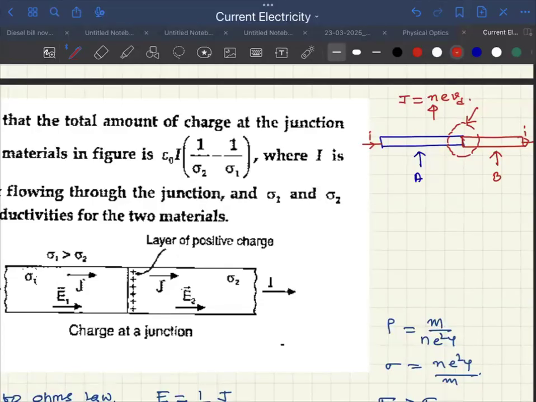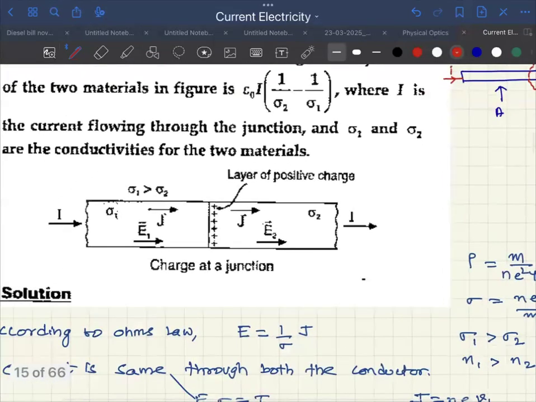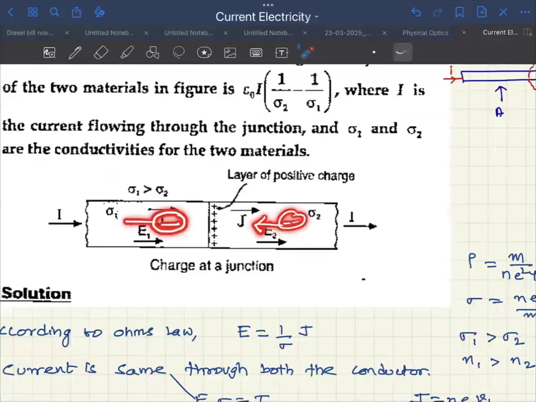Because when an electron crosses the border, for example, say an electron is moving here with 10 centimeter per second, and when it just goes here, suddenly it needs to become 8 centimeter per second, means there should be some accumulation of charge over here. What is the role of the accumulated charge?